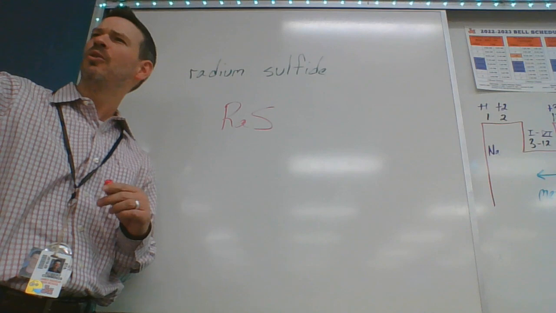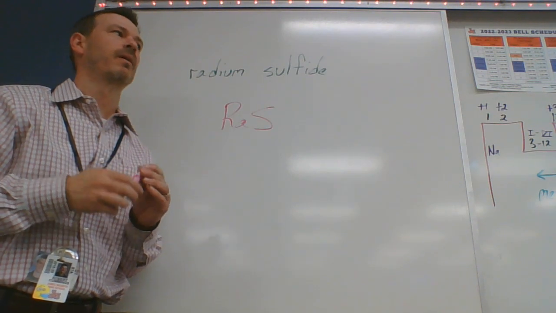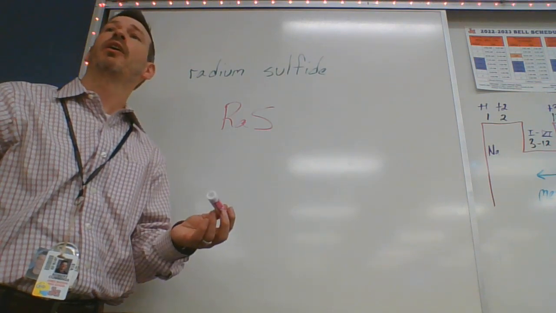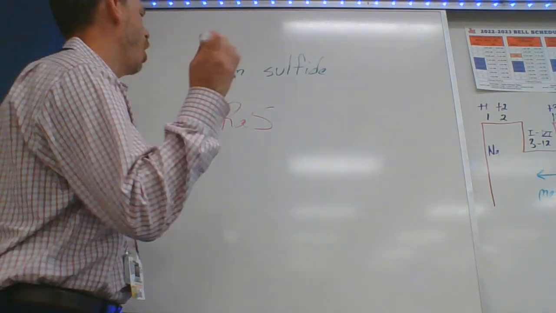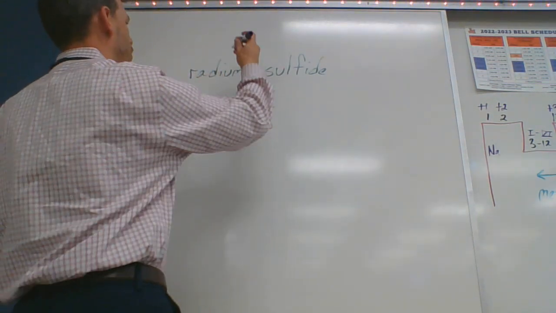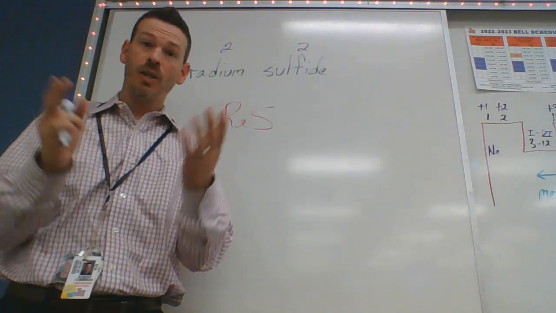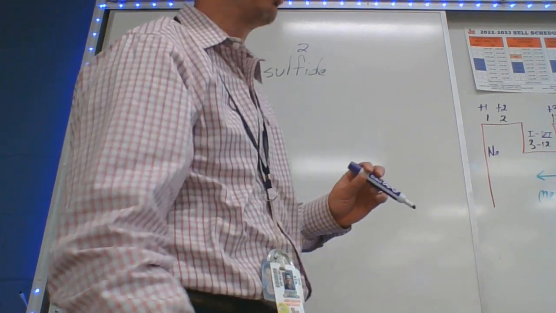Ra2S2. How did you know to do what you did? Watch, because I set you up for failure. The reason that a lot of y'all got Ra2S2 was because you saw that he's +2 and he's -2. So you crossed them. Well, here's the first of many annoying side rules.